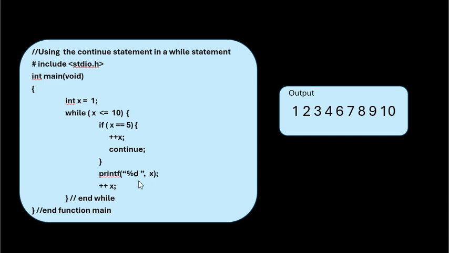Then increment, then it becomes number 2. Likewise, assume that now the x equals to 5, then we can increment this one. Then we can print x, that is 6. Now the outputs will be 1, 2, 3, 4, 6, 7, 8, 9, 10 in this code.